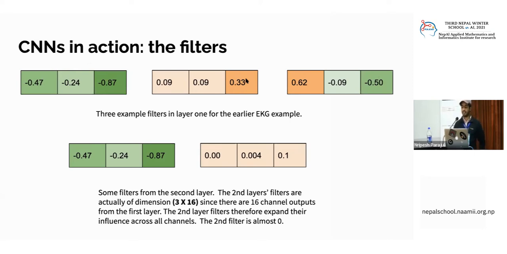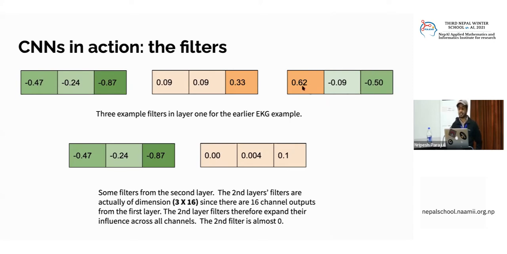Does anybody have any idea what each one of these filters may be doing? All right, I will tell you myself. So this one is not really doing much, maybe because it's all negative values and there's not a big difference.